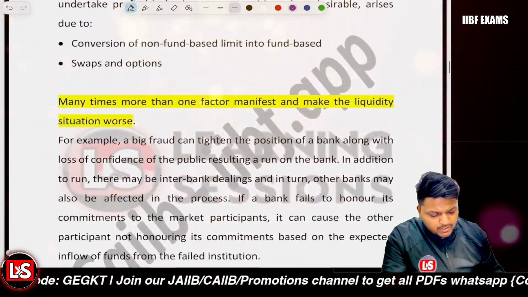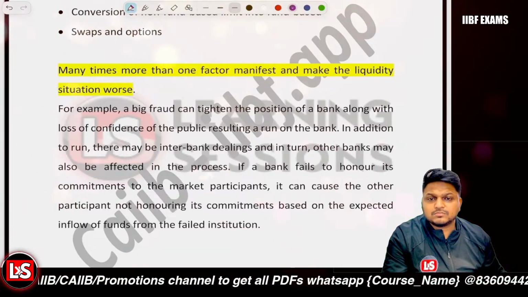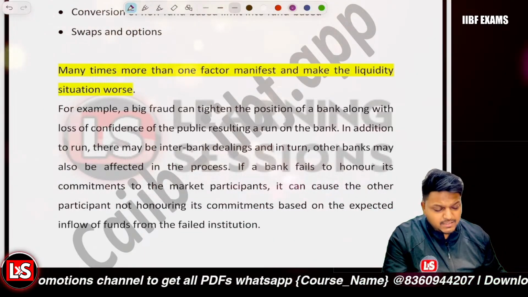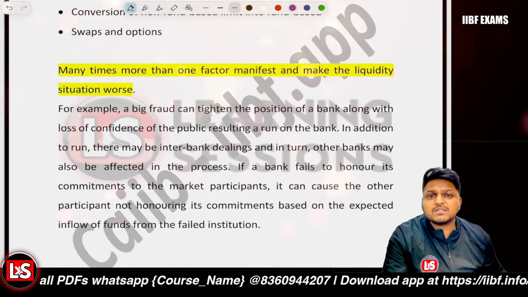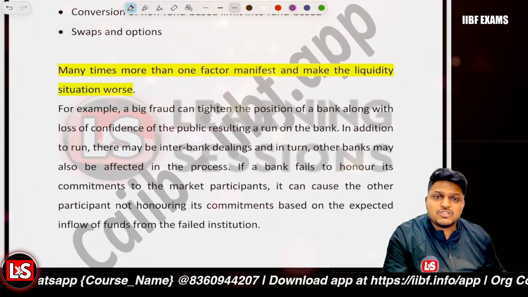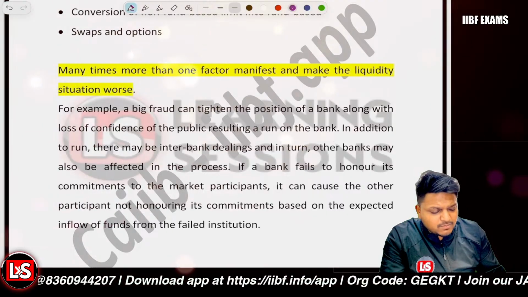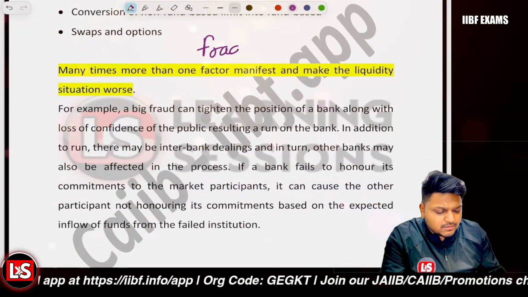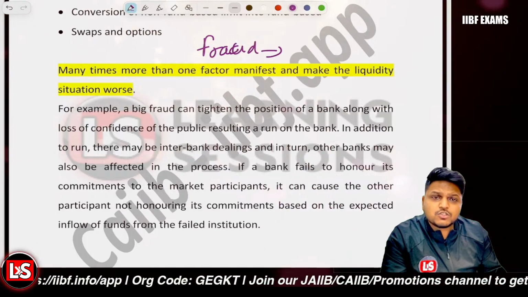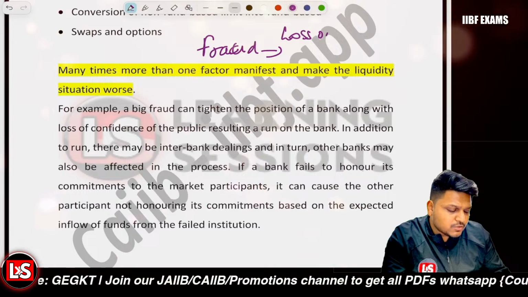Further, it's related to the interconnected risk scenario. Interconnected risk means when a chain reaction is there. Let's say there was a big internal fraud in the bank, due to which there is loss of confidence.